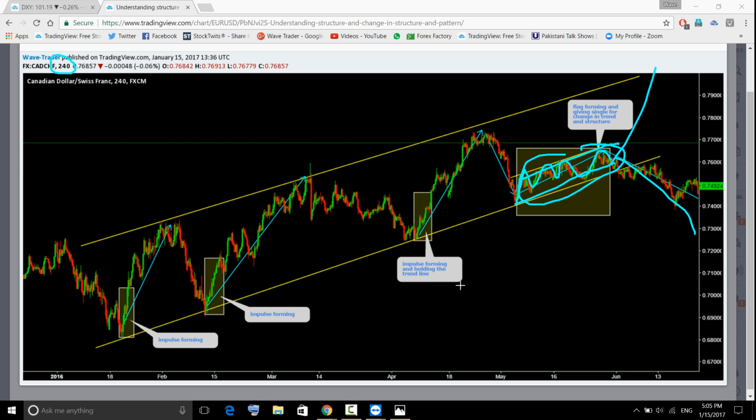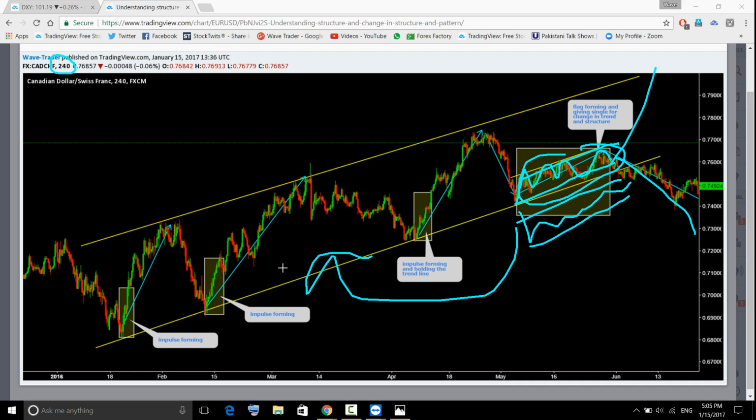All right, so this is the flag. Yeah, this flag can form under the channel, under the ascending channel, or under the trend line. Or it can form over the trend line. Wherever it forms, it is going to give you an indication that the previous trend has lost momentum.